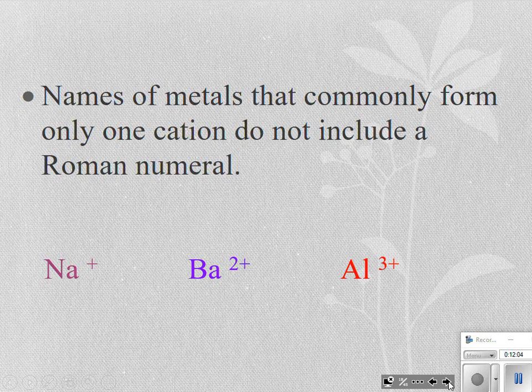Look at cesium, number 55. Does cesium need a Roman numeral? Nope. What if you put one? It's wrong. Look at tin, element number 50. Does tin need a Roman numeral? Yes. Look at chlorine, element number 17. Does chlorine need a Roman numeral?